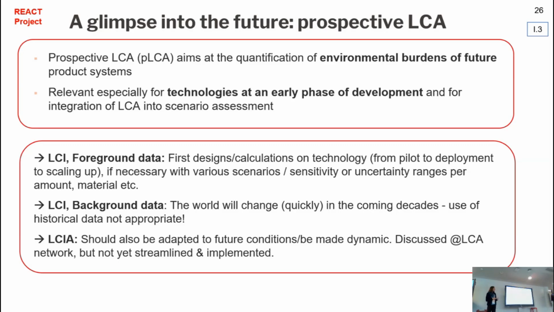We have to adjust the background data because the world will change quickly. And in theory, we'd also have to change the way impact assessment is made, because, for example, the background concentrations in the atmosphere of CO2 could change, and this could have an effect on the impacts of climate change. It's not yet done. That's something which we try to do in the LCA community, but there is no readily available solution for that yet.